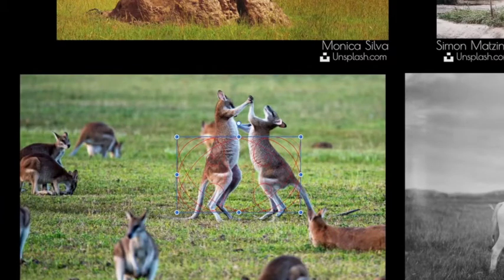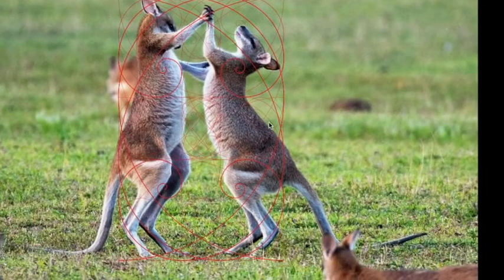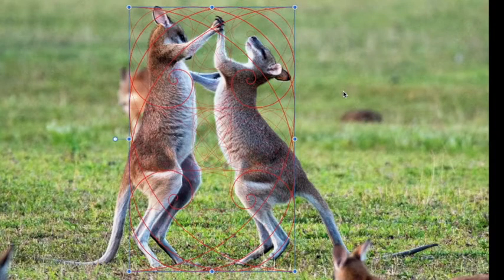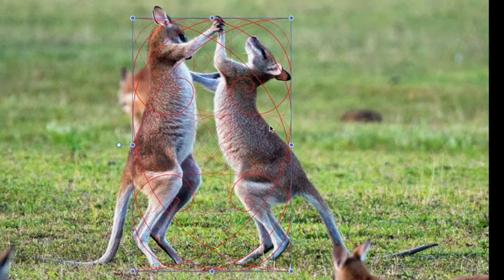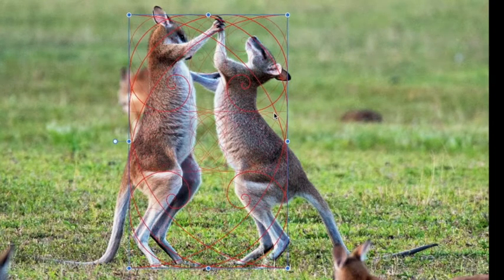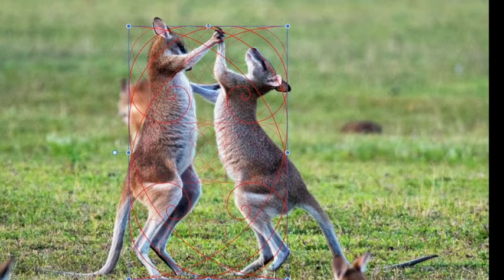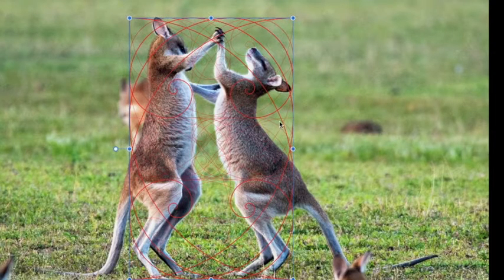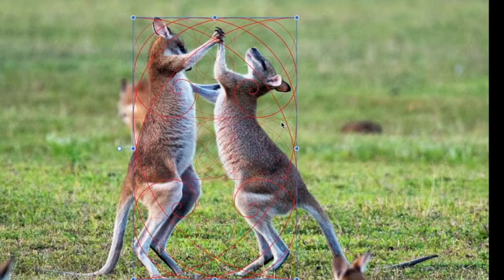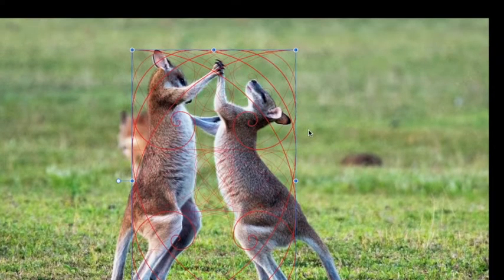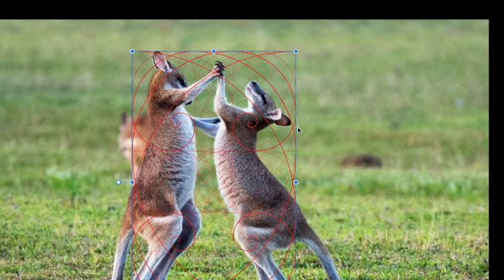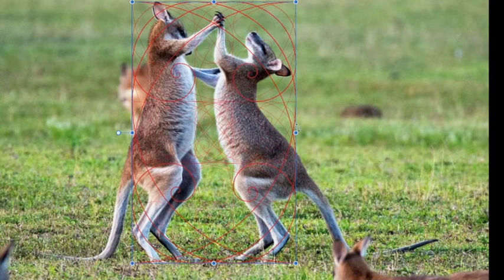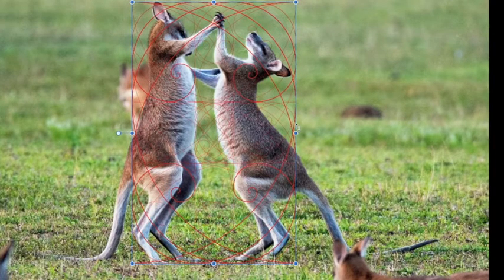Neat. And this one. Yeah, feels like it wants to be something like that. Which is pretty awesome there, I think.